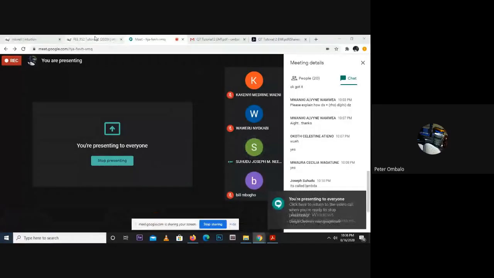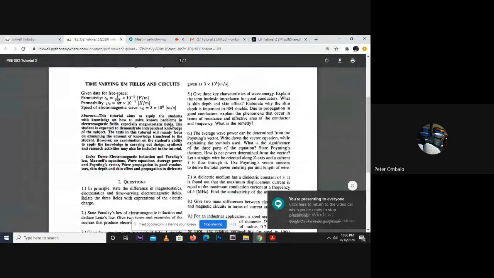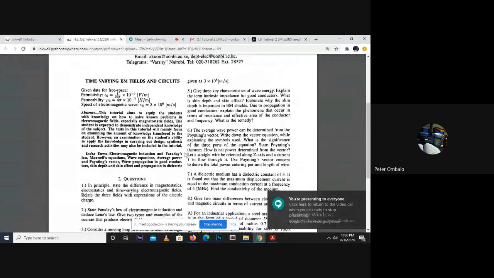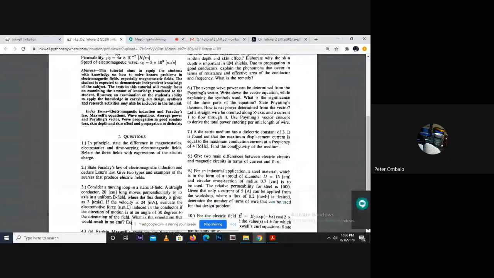All right, so let's look at what question 7 was asking. Here it is. A dielectric medium has a dielectric constant of 3. It is found out that the maximum displacement current is equal to the maximum conduction current at a frequency of 4 megahertz. Find the conductivity of the medium. So here we have a couple of things that have been given: dielectric constant, maximum displacement current, and maximum conduction current.